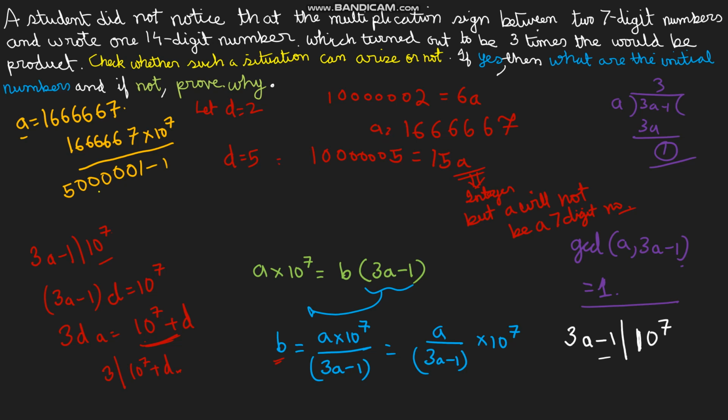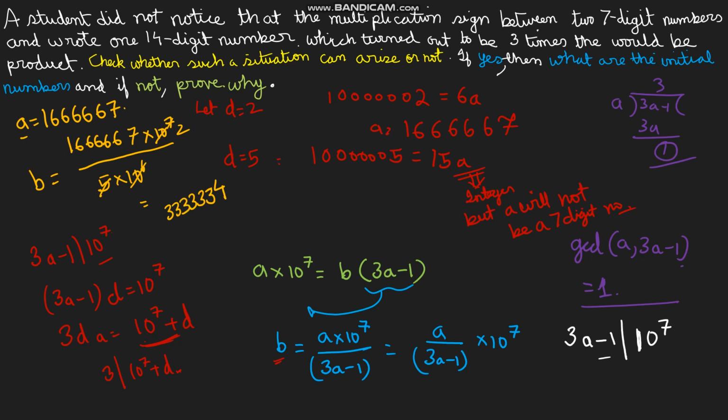So we can write this as 5 into 10 to the power 6, here 10 cancels, here 2, so our b is equal to 4. Then we have here 3, 3, 3, 3, 3, 3. Is it like that?